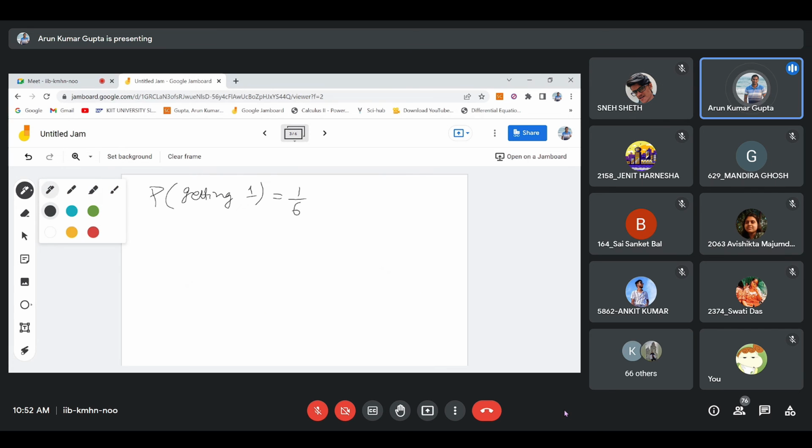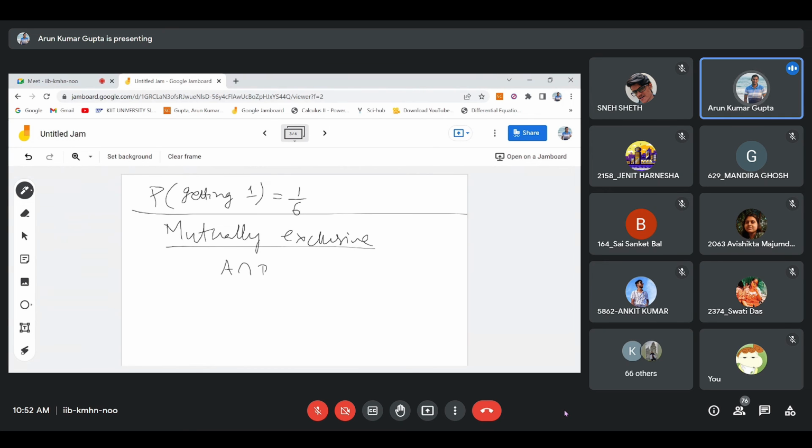Try to understand the logic here. When I say mutually exclusive, it means A intersection B is empty. If suppose three sets A, B, C are mutually exclusive, what does it mean?